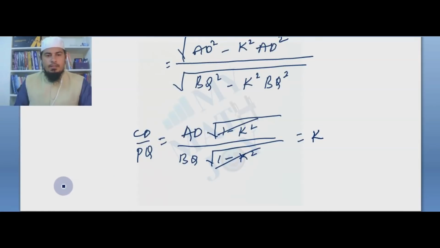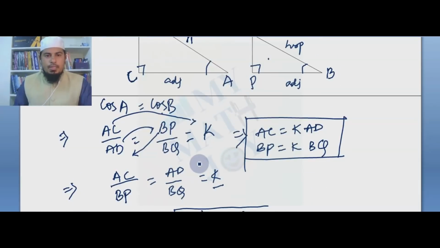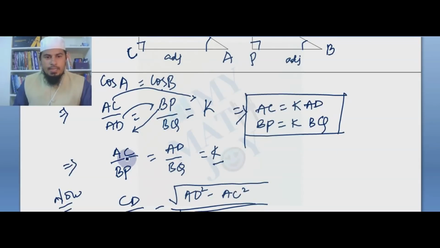Hence we can write for the triangles like this. What were the two sides taken here now? AC by BP.